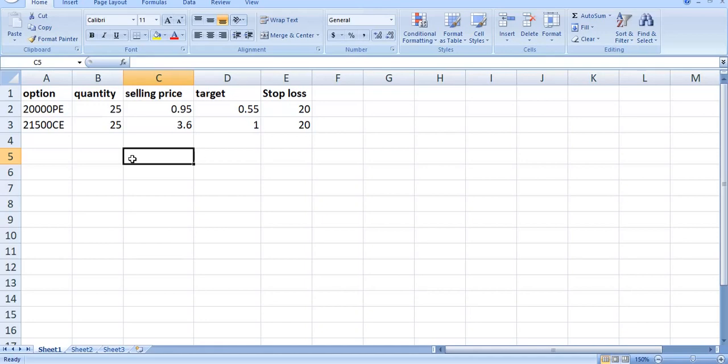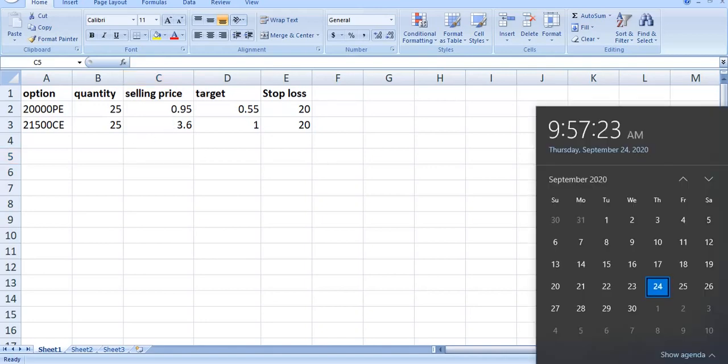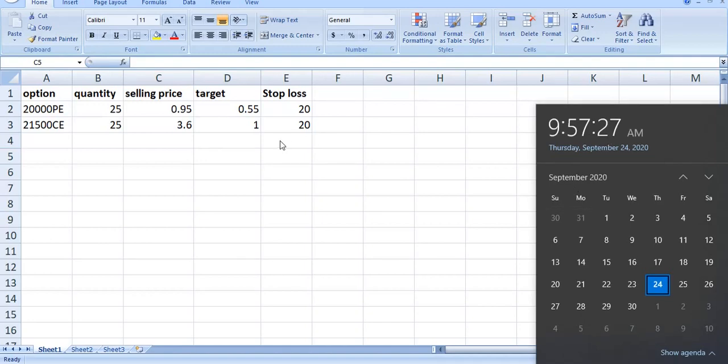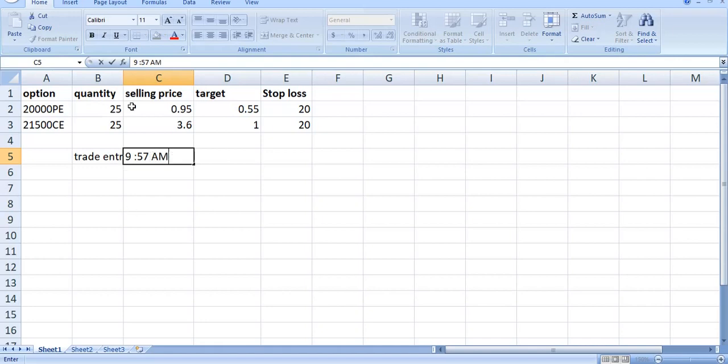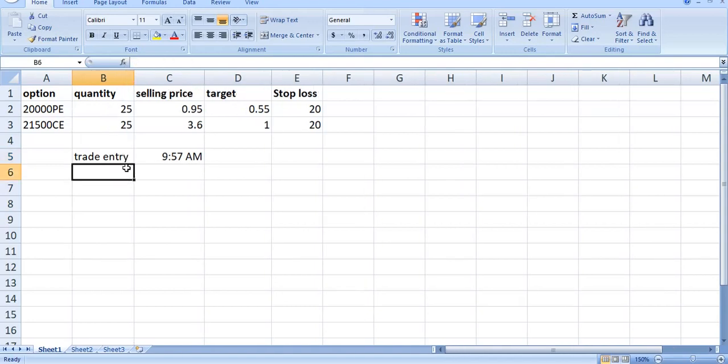Since it is paper trading, we are supposing that we have entered the trade, and the time was 9:57 a.m. So we will write down that the time at which we entered the trade, entry, will be 9:57, traders. So this is our trade entry.